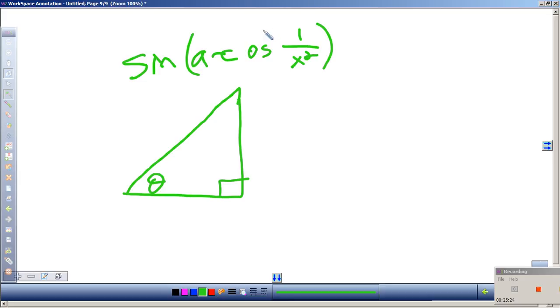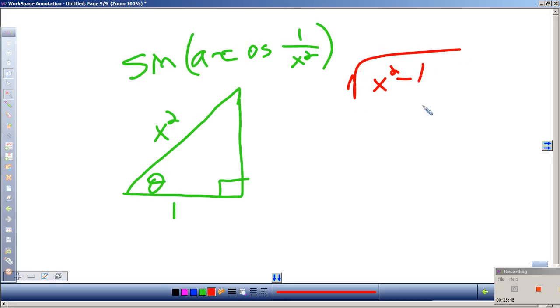Theta. Cosine is what in terms of opposite, adjacent, hypotenuse? Adjacent over hypotenuse, so 1 over x squared. And now I need to get my third side. How do I get it?